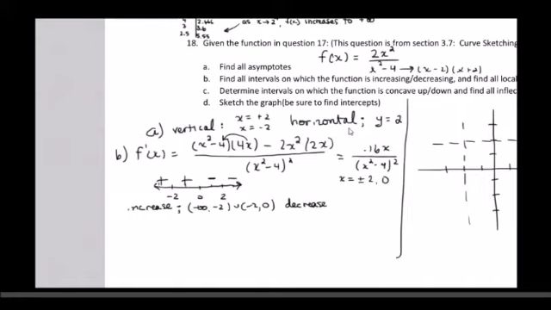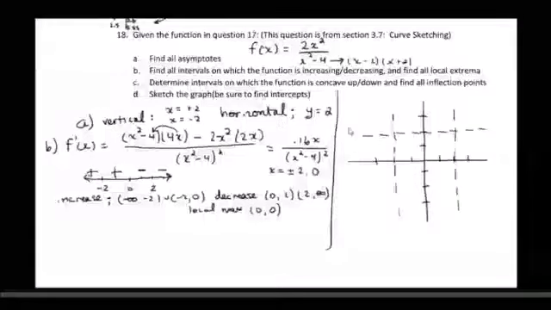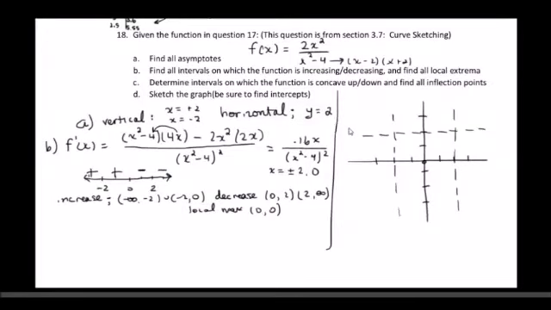It's decreasing similarly from 0 to 2 and from 2 to infinity, and there's a local maximum right here. There's a local max at the point 0, and if you plug 0 into the original function, it would turn out to be 0. So there's a local max at the point 0, 0 right here.